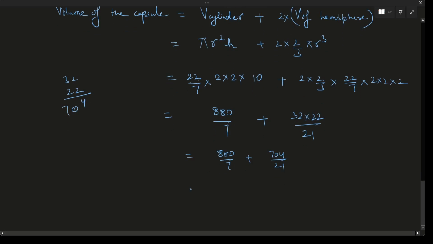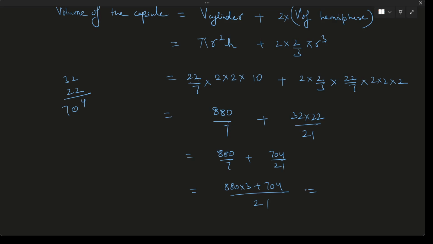When you take LCM, we have to do 880 into 3 plus 704. So how much is 880 into 3 when you multiply? 2640 plus 704 by 21.